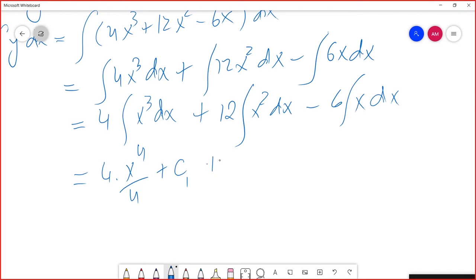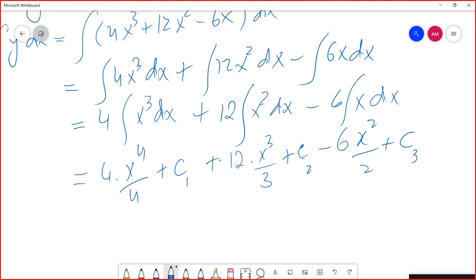Then plus 12x to the power of 3 divided by 3, plus c2, because we are saying it's another constant. Because this integration will give you some constant, right? And then minus 6x to the power of 2 over 2, plus c3, another constant.